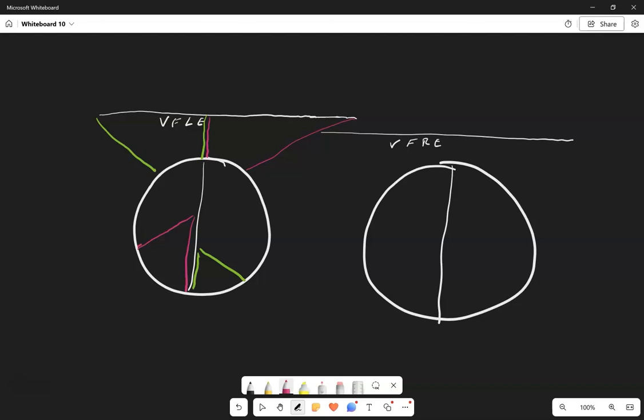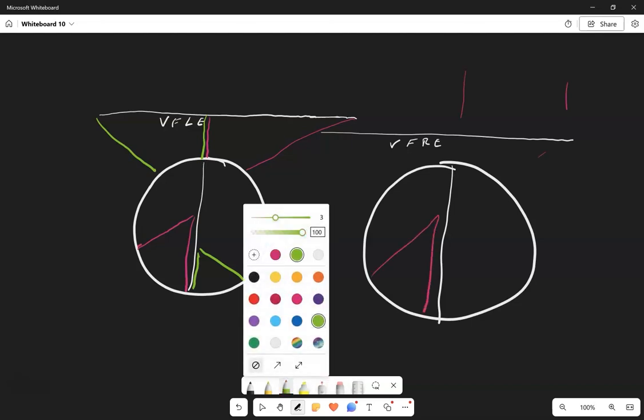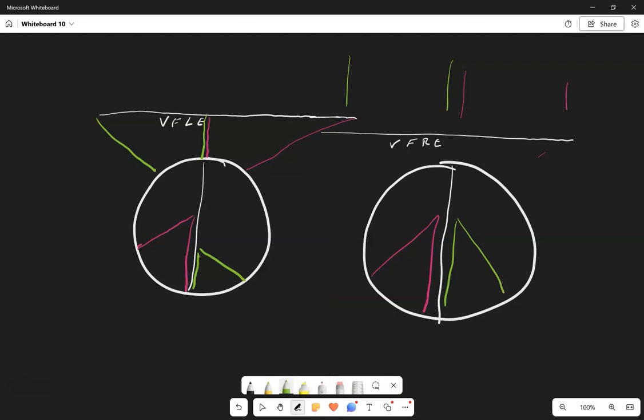Now we can do the same thing over here: we can get information from here coming over and getting projected over here. Then we can get information from over here being projected over here. Okay, so we see how we've got this following backwards.